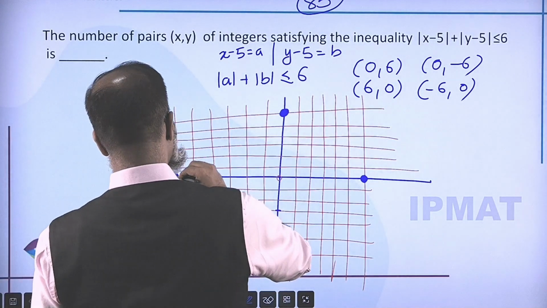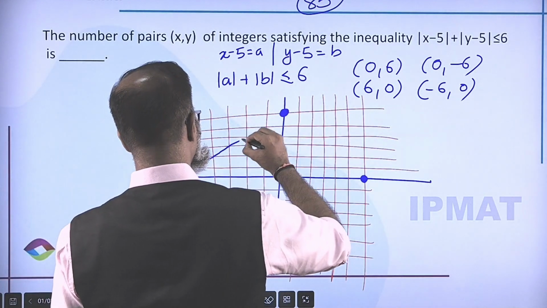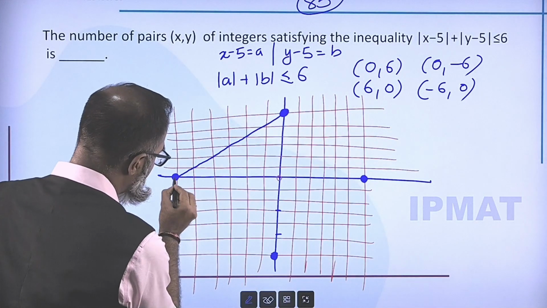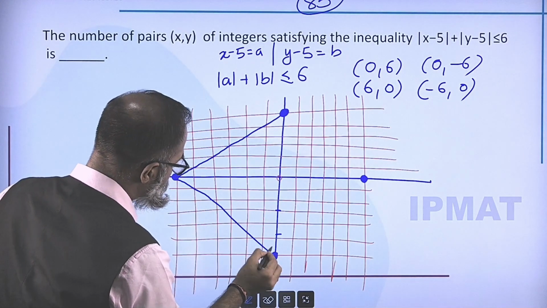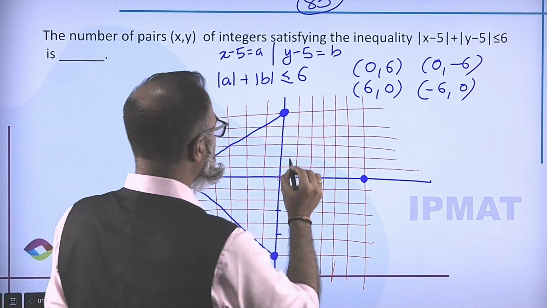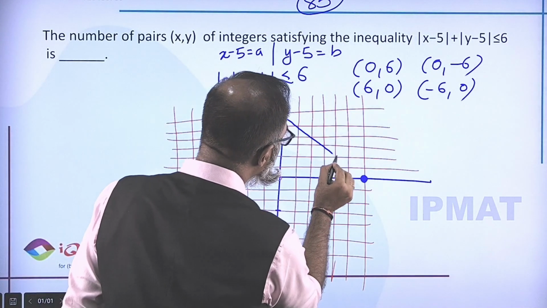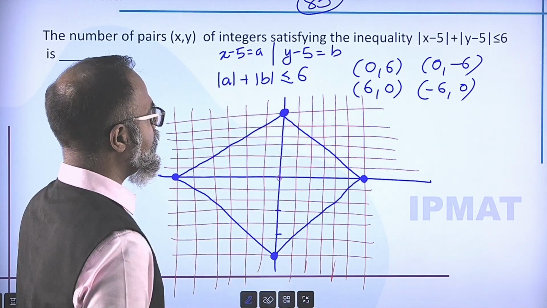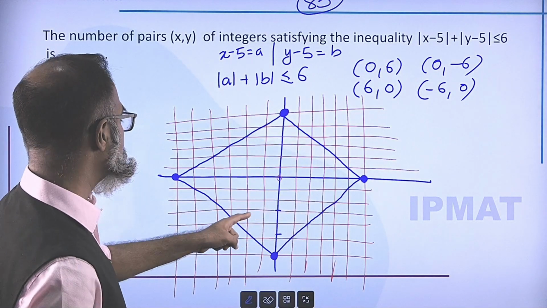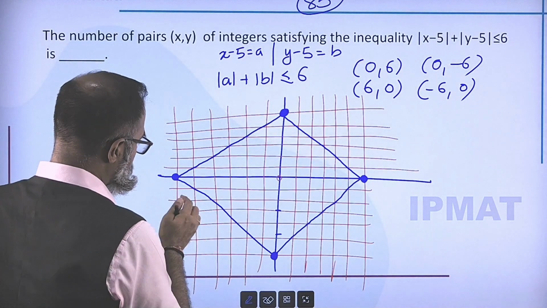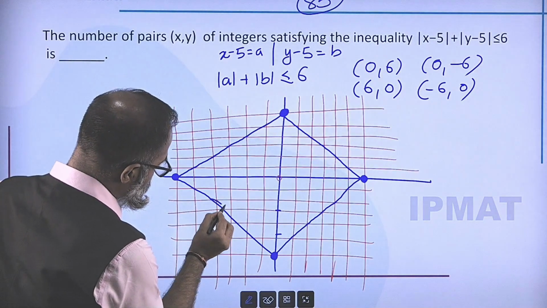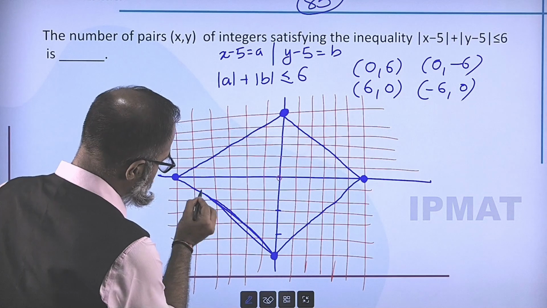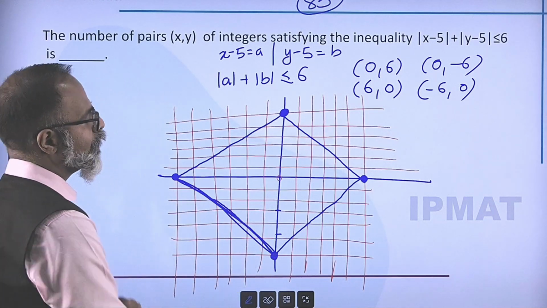So let's just draw the lines connecting these points. If I join it correctly, it should go somewhere like this, right? It should pass through each of these points. Okay, not a straight line, but it's fair enough for our purposes.